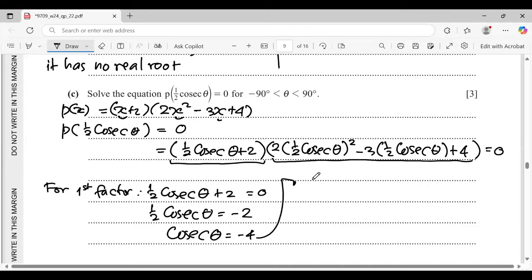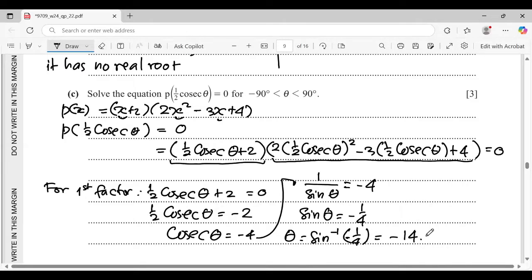Cosecant is 1 over sine, so 1 over sine theta equals minus 4, so sine theta equals minus 1/4. So theta equals arcsine of minus 1/4, which is minus 14.48 or minus 14.51.